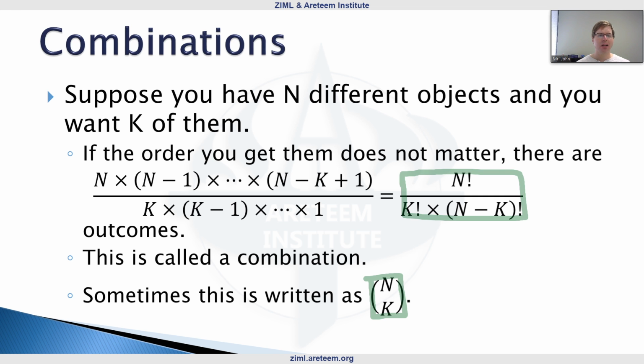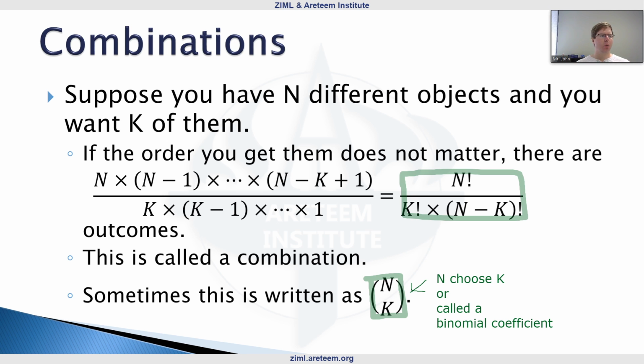We're not going to do this too much today, but you would read this as n choose k, and it is called a binomial coefficient.